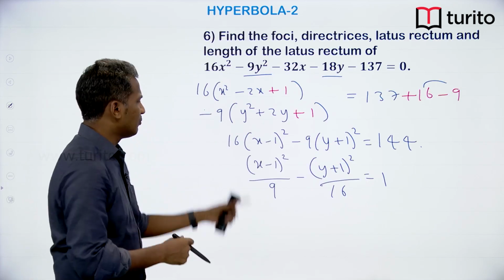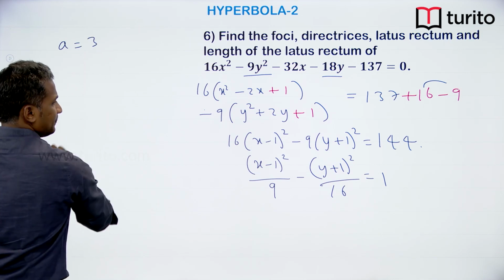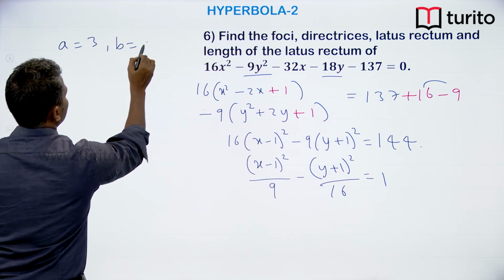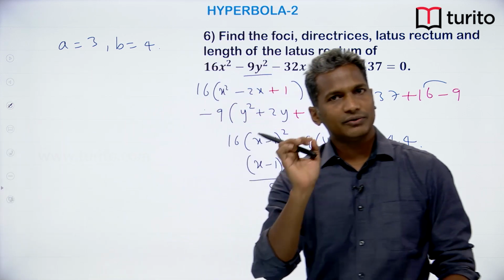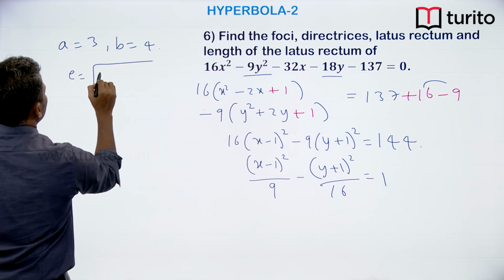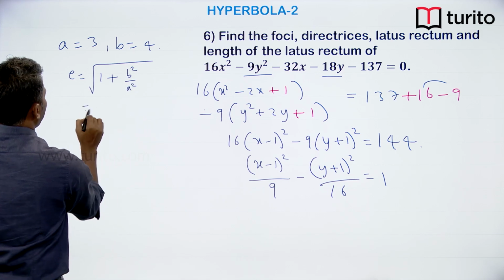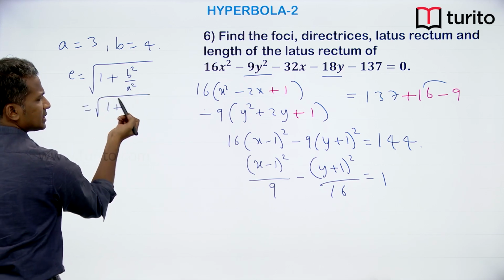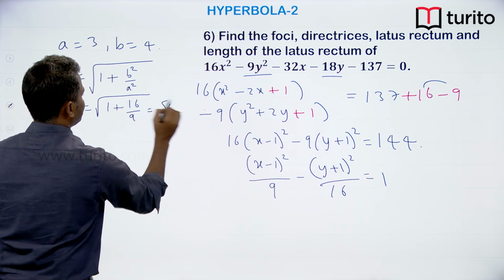Now, what is the value of A here? A becomes equal to 3, B becomes equal to 4. Now, because A and B are known, we will get the value of E. E becomes equal to root of 1 plus B square by A square, which is same as root of 1 plus 16 by 9, which is 5 by 3.